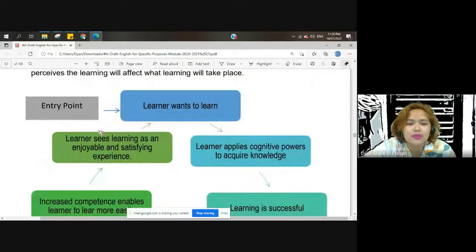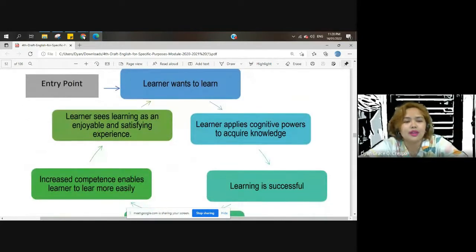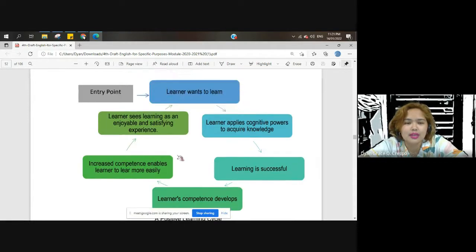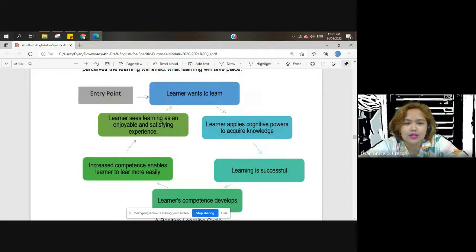So, for example, with this one, okay, this is a sample of a positive learning cycle. Entry point. Learner wants to learn. Gusto niyang matuto. Now, the learner will apply the cognitive powers to acquire the knowledge.